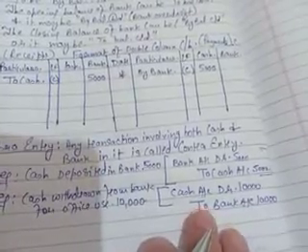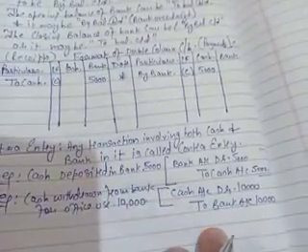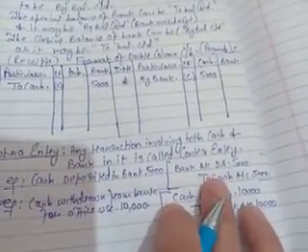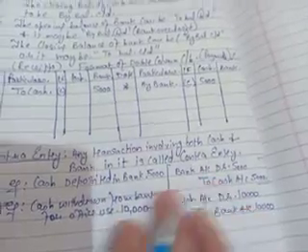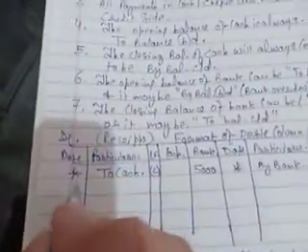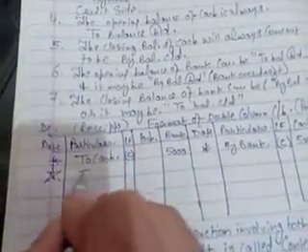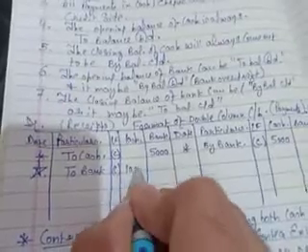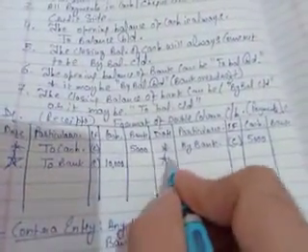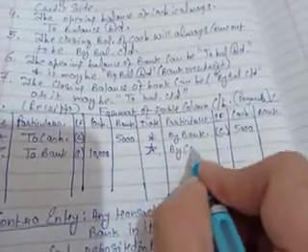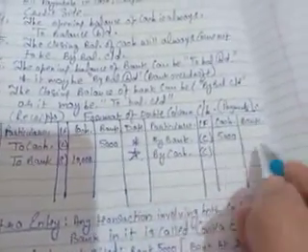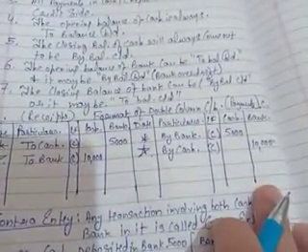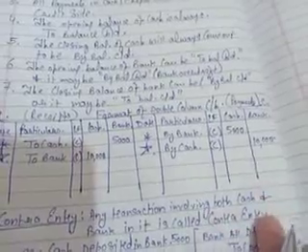Now how will we post this entry? In cash we will write to bank, and the amount will come in the cash column. And in bank we will write by cash, and the amount will come in the bank column. So it will be to bank contra, amount in the cash column. Similarly, by cash contra, and the amount will come in the bank column. This is how the contra entry is posted. I hope the posting of the contra journal entry is clear.